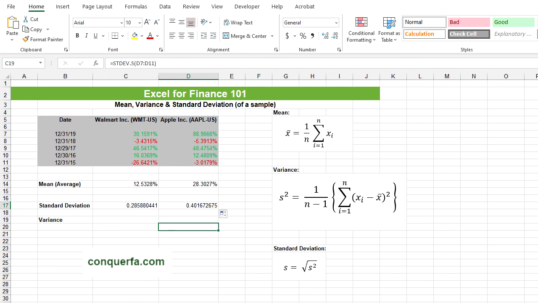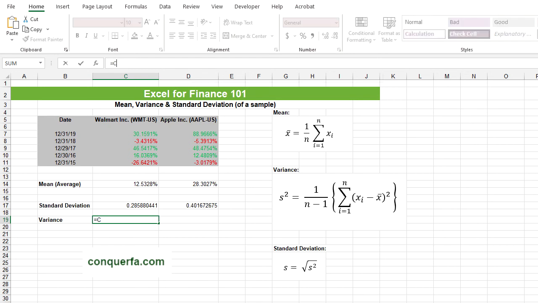So finally, to calculate the variance, we're just going to refer to those standard deviation cells. For our Walmart standard deviation, that's in cell C17. So we're just going to type in equals C17, and that's going to highlight that cell, so we know that's what we're referring to, and we're just going to square it by typing in that symbol there, and then the number 2 to square it.